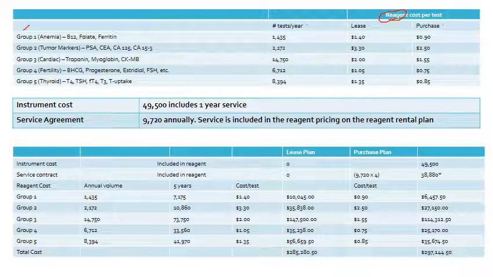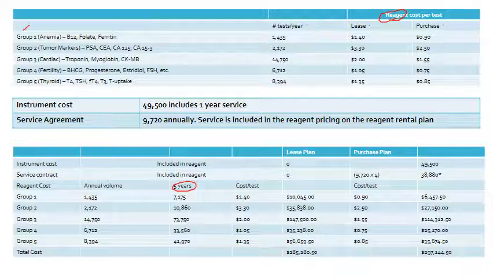But initially it might look like the purchase would be the better way to go. But if you then include in all of your calculations, usually over a 5-year period, although it could be a different period if your hospital wants to do over 3 or 8, whatever it is, now do the same thing, compare over 5 years the lease plan and the purchase plan.